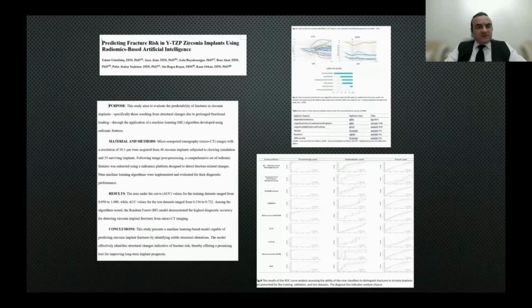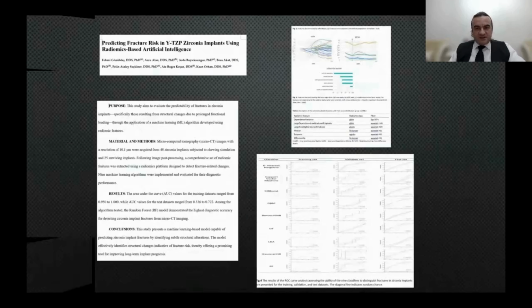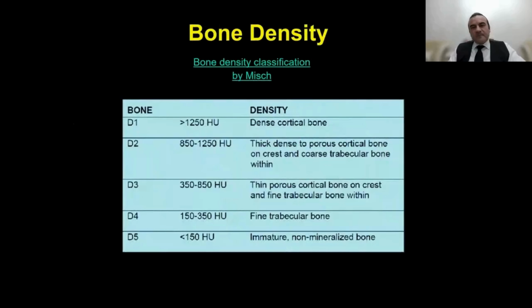We developed an algorithm for predicting the fracture risk for these zirconium implants, and we achieved quite high accuracy, 0.72 to predict. Out of 100 cases, we can predict 75 cases of implant fractures. So this is also going to be a game changer for clinicians.